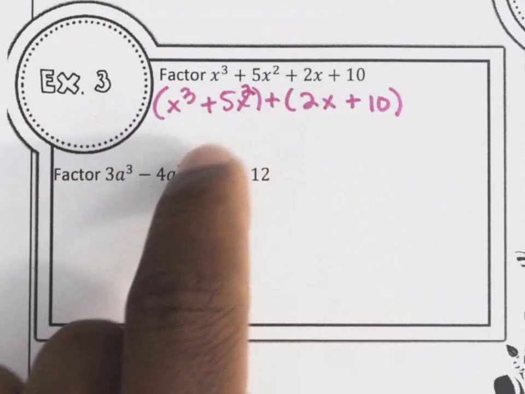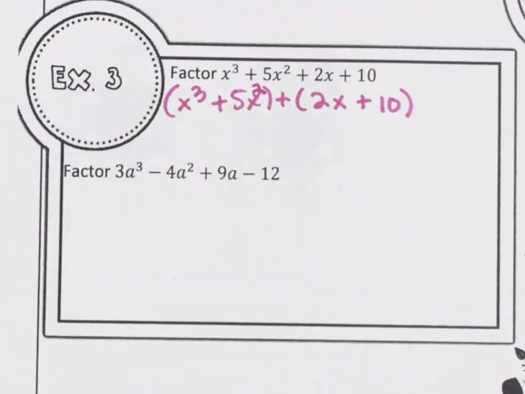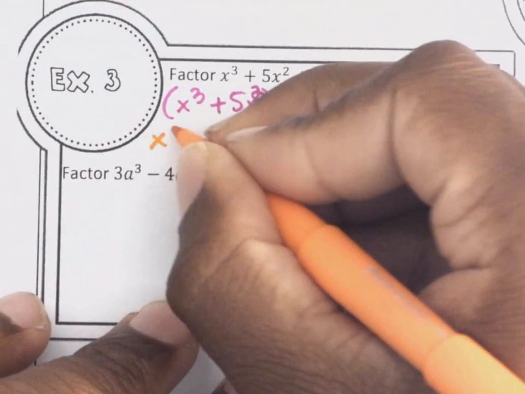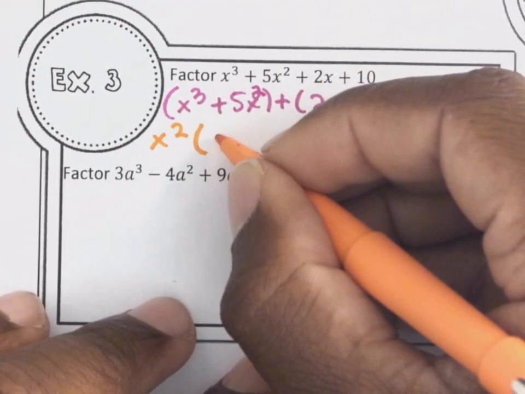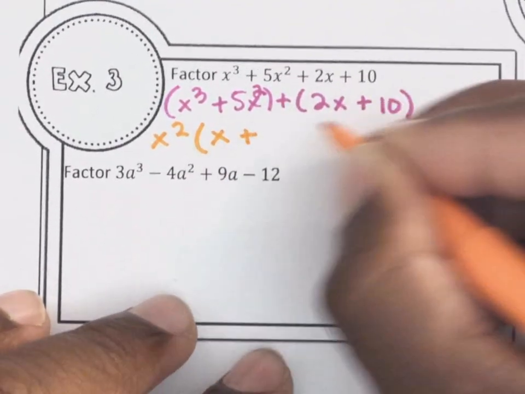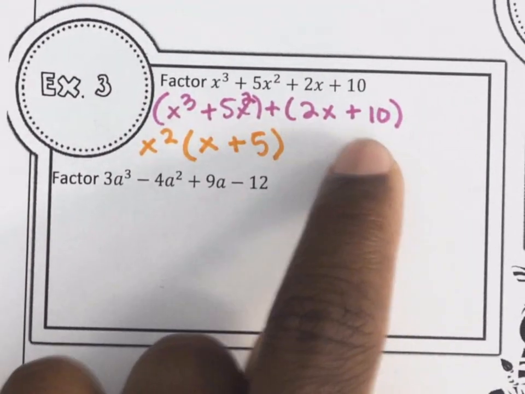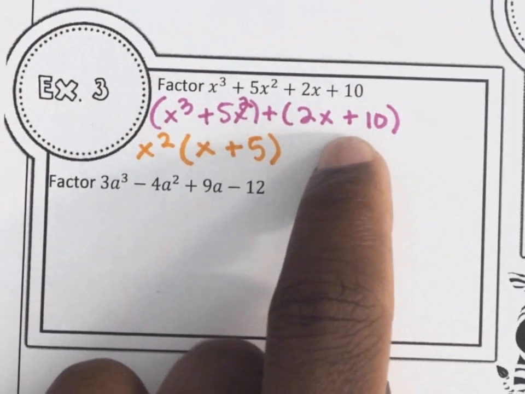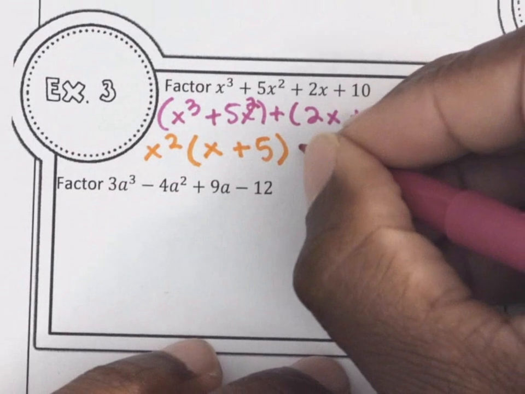All right, what can I factor out of the first two? X squared. So I take out x squared. What am I leaving behind? X plus 5. So I want the second parentheses to end up being x plus 5. What would I factor out here? 2, yep.